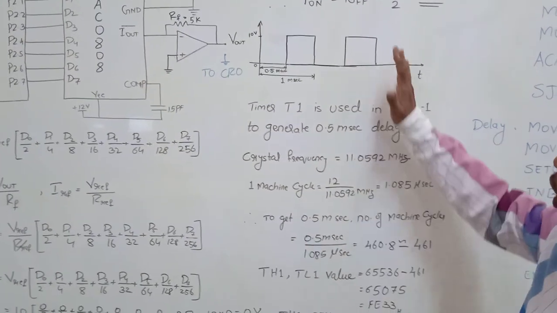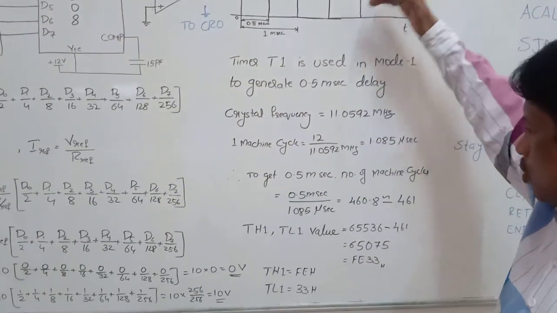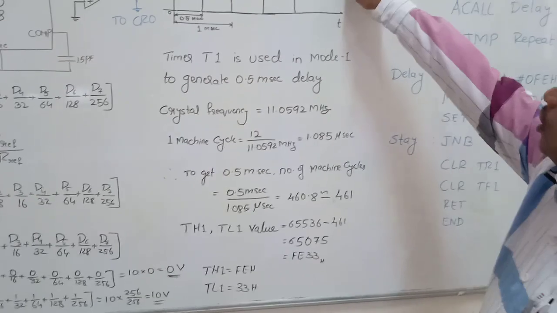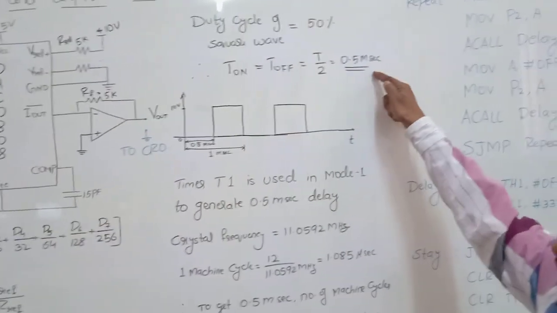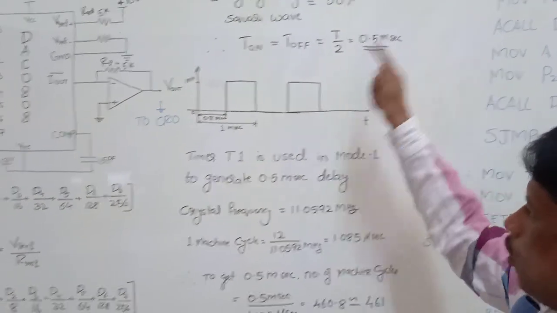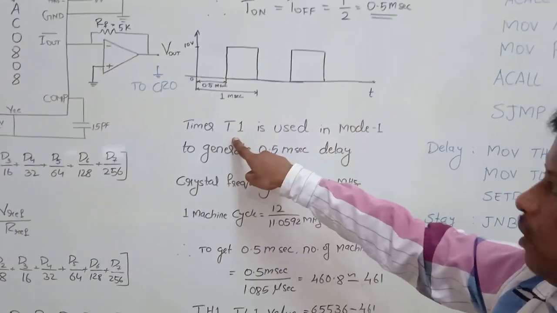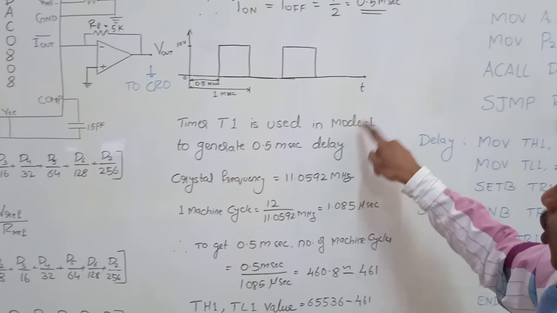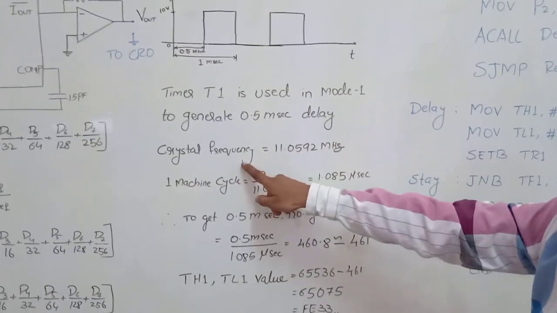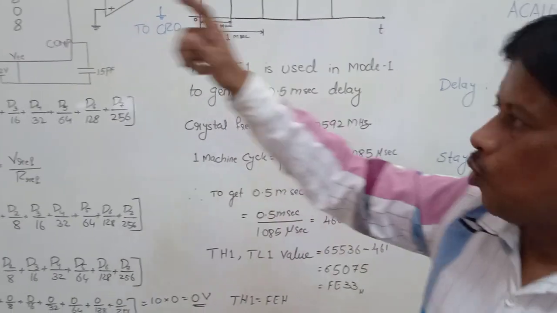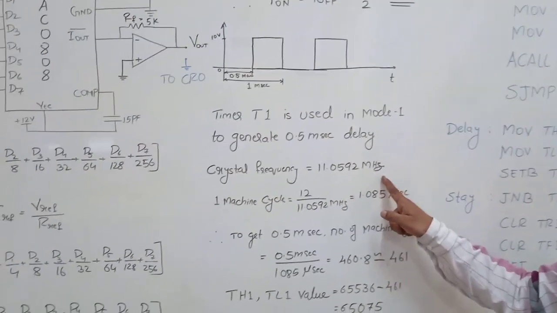Now let us see how to write the program for the same. I have shown you the calculation. Here you want a delay of 0.5 millisecond. To get it, I am using timer 1 in mode 1. You know that mode 1 is a 16-bit timer, and the standard crystal frequency we use for 8051 is 11.0592 megahertz.